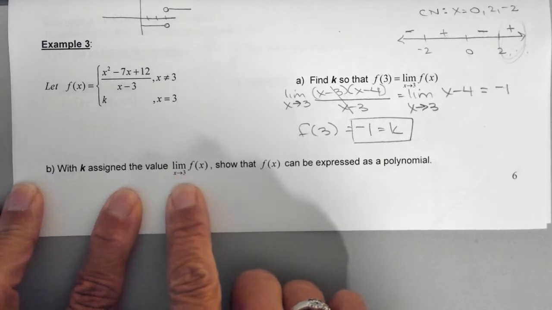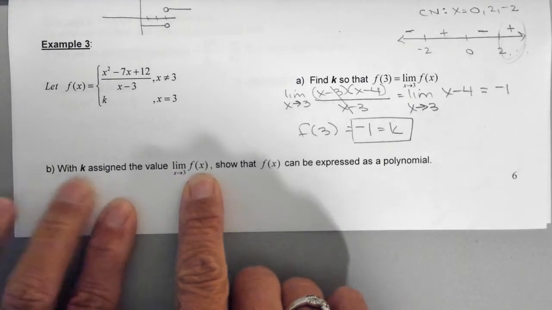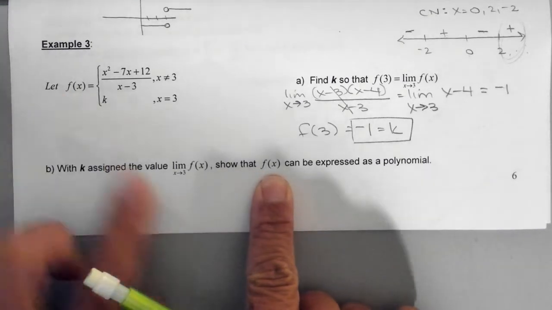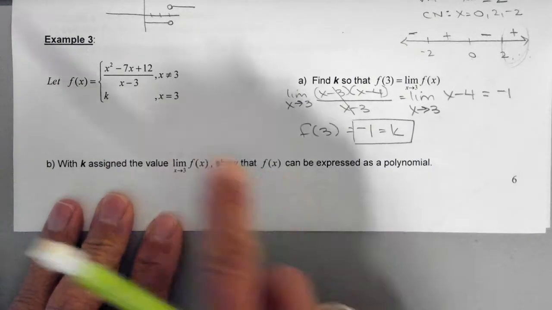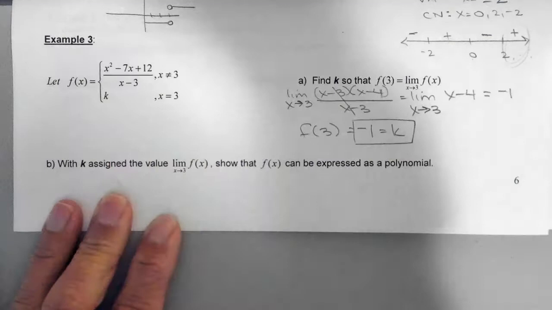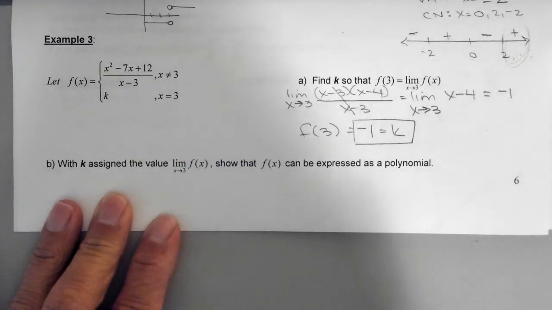Okay. So right here it says, with the k value assigned of -1 that we found, the value of the limit as x approaches 3 for f of x, we want to show that f of x can be expressed as a polynomial. Right now, this is not a polynomial. When you have a rational function, it's not a polynomial. But didn't we simplify it and it then became a polynomial? What is the polynomial?